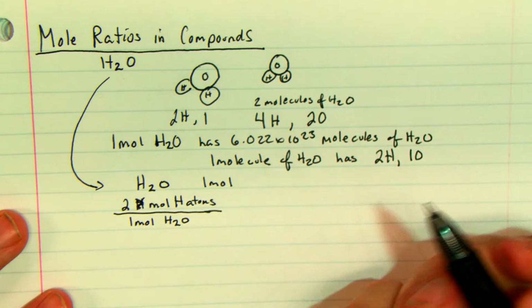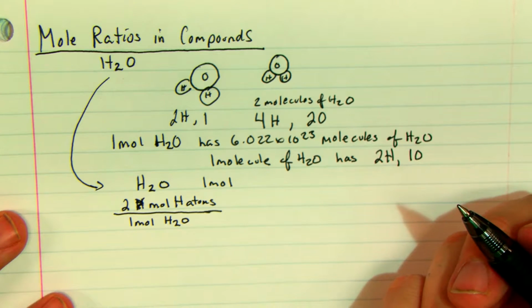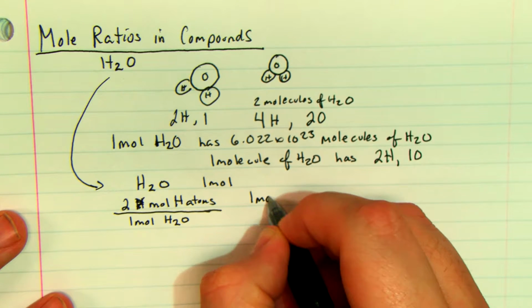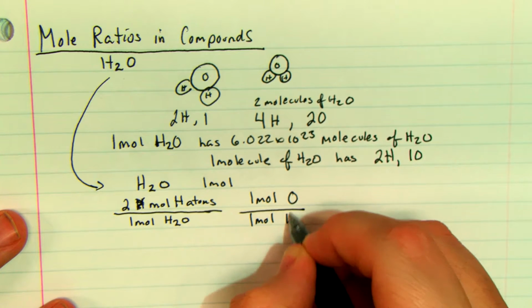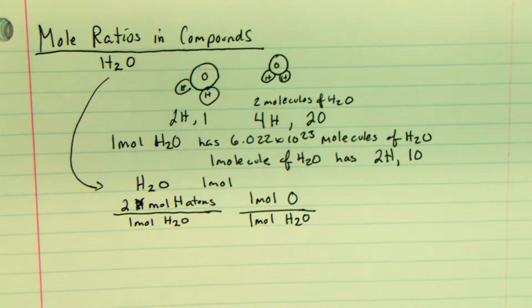Now, how many moles of oxygen are there? Yeah, there's 1 mole of oxygen in 1 mole of H2O. And the neat thing is, when you build water, it's always built the same way. You build it 1 molecule at a time. So you have to build it with 2 hydrogens and 1 oxygen. You can't build it with 1 hydrogen and half an oxygen.